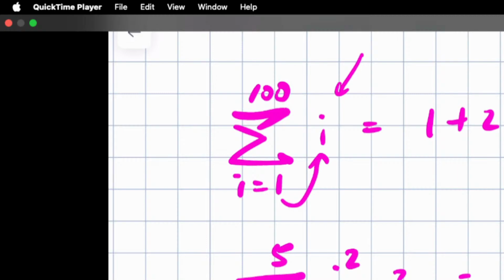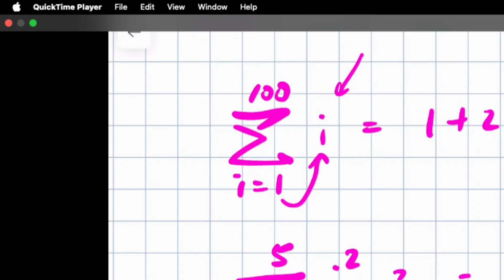Now let's talk about properties of sigma notation. Okay. So what is a property?